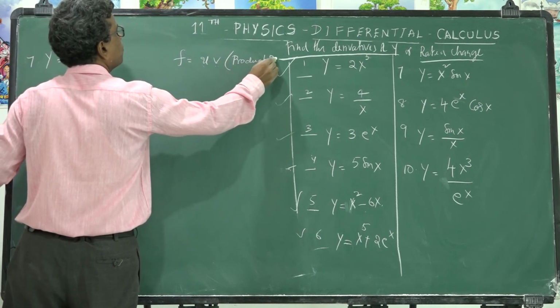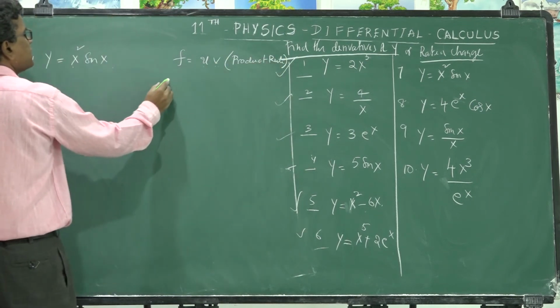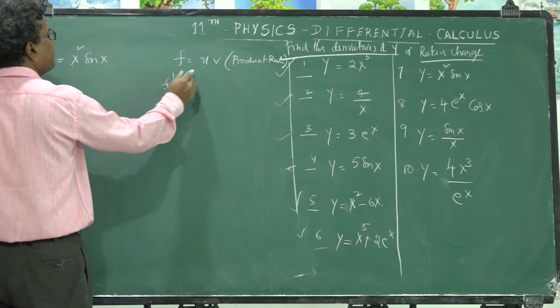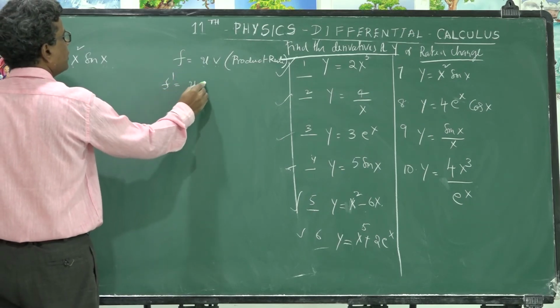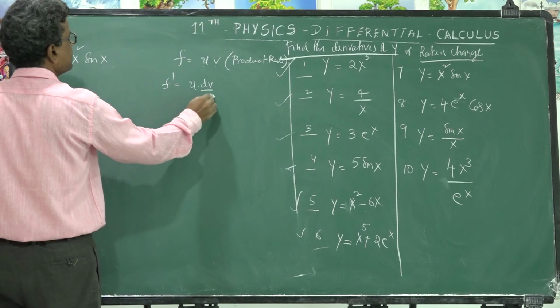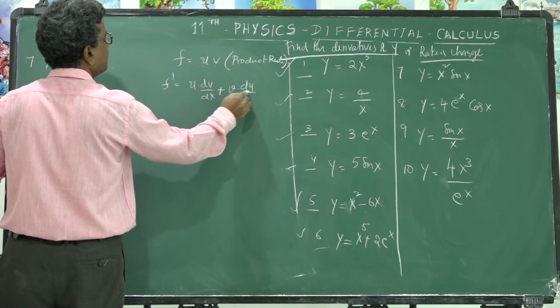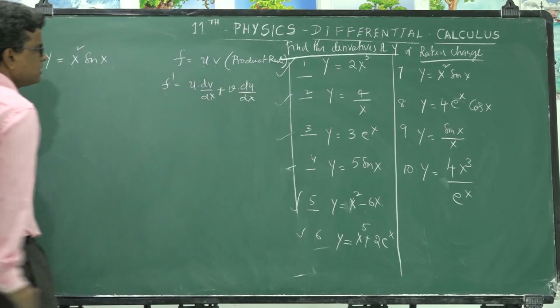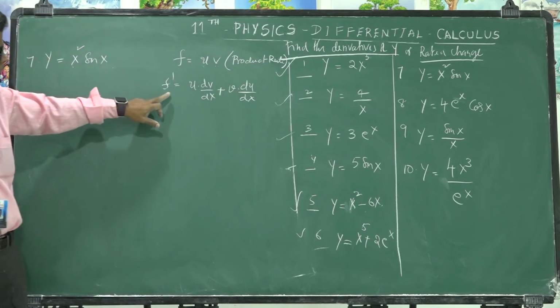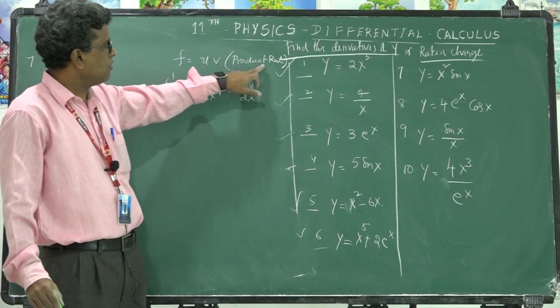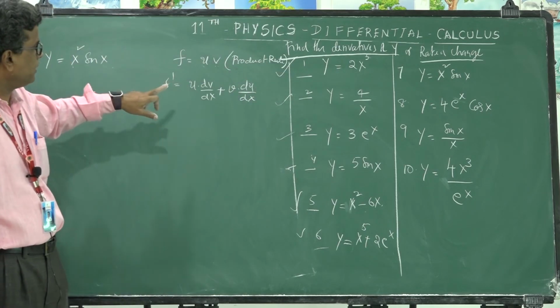What does this product rule say? F dash, the derivative, is u into dv by dx plus v into du by dx. So this is the rule. Which rule? Product rule. What does it say?